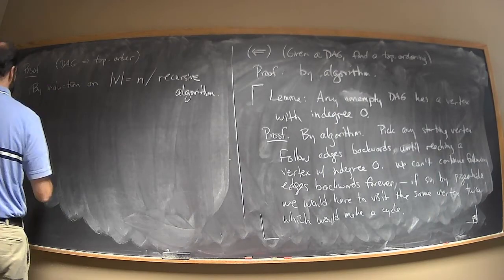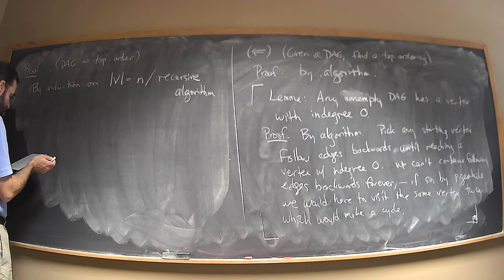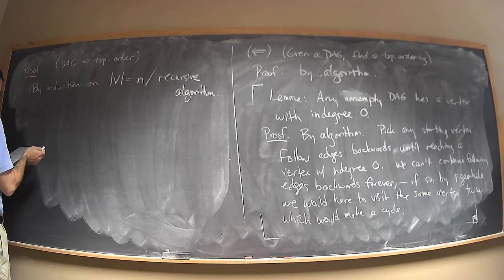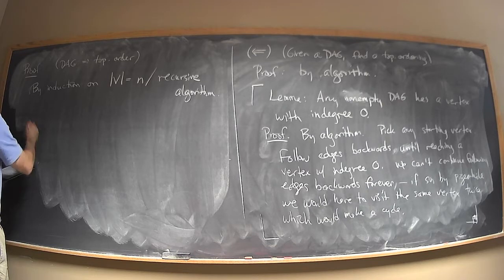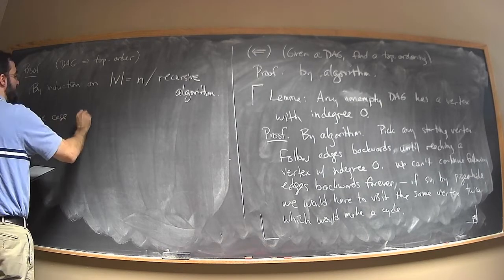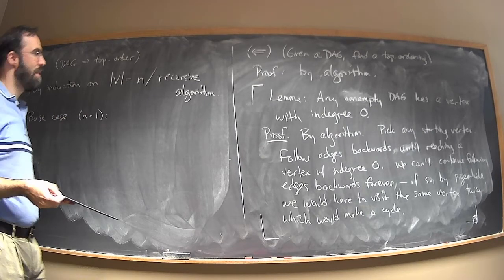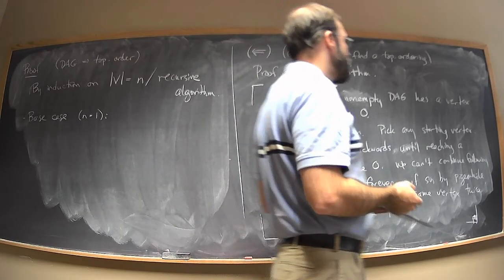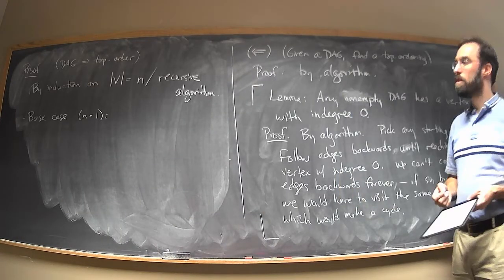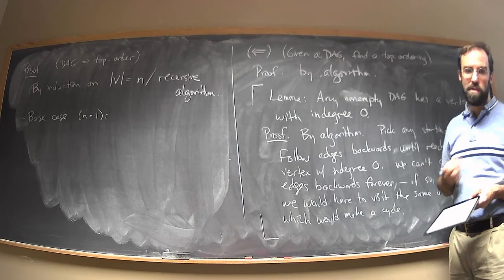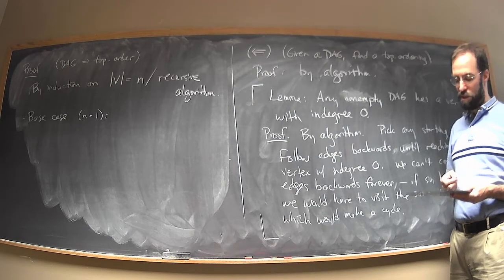Okay, so in the base case, when n equals 1, because we're really talking about non-empty graphs. So the base case would be there's only one vertex. I don't care about the case where there's 0 vertices.